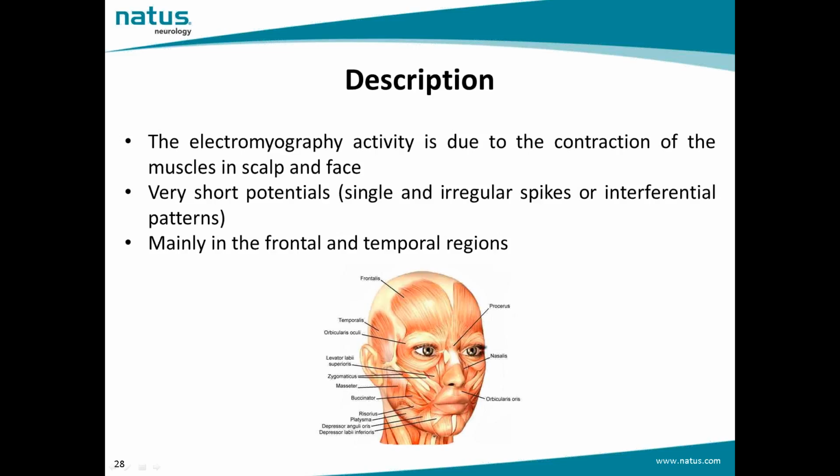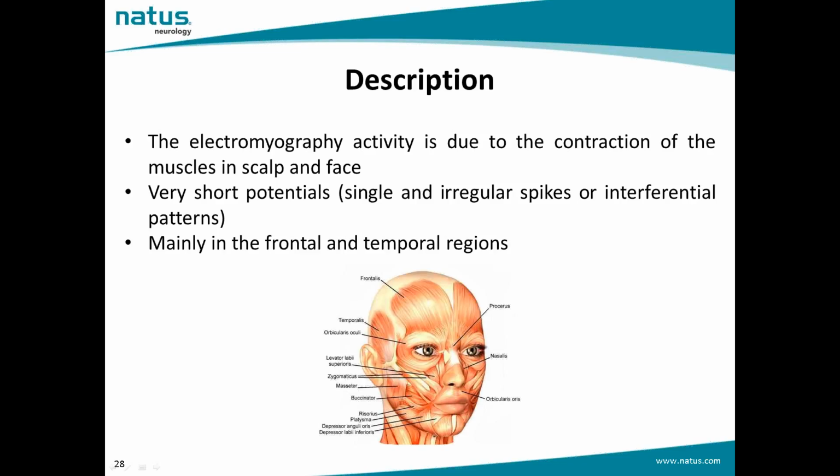Muscle artifacts from scalp and face muscles occur mainly in the frontal and temporal regions, but may be recorded by electrodes nearly anywhere on the head. Repetitive movements such as chewing, blinking, or tremor may give rise to a combination of fast muscle and slow movement artifacts, which may resemble cerebral discharge, especially if the combinations repeat with similar shape.